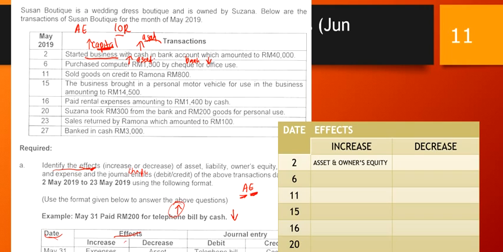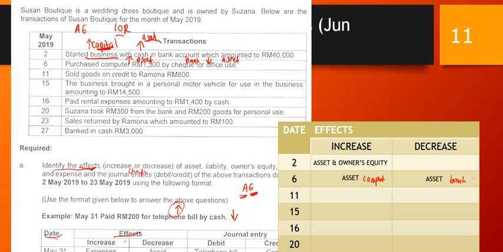Cheque or bank is your asset. So effect dia, asset increase, asset decrease. Asset increase ni computer lah. Asset decrease tu is your bank. Okay.